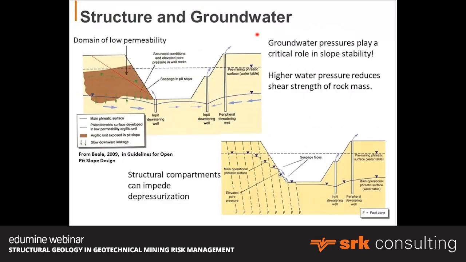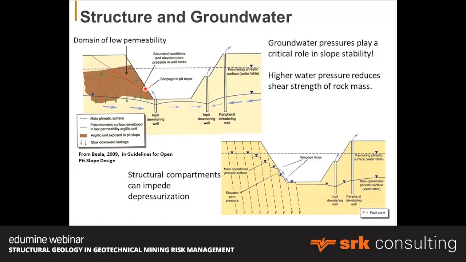Right, so talking quickly about groundwater. Groundwater can be very important in slope stability. Certainly in areas where you've got rock types with low permeability, you can't drain those slopes easily. Areas where you can drain the slopes, you can reduce the water pressure and you can reduce the risk. In areas where you can't reduce the water pore pressure, you retain pressures in that slope and that can cause problems.